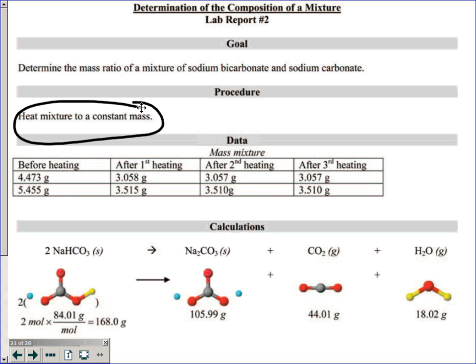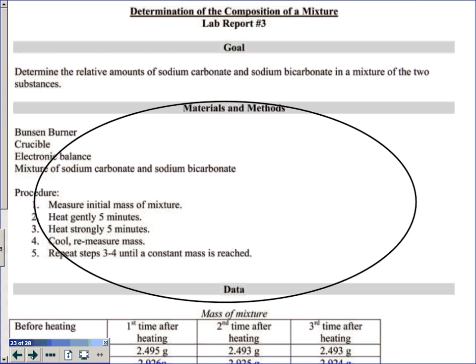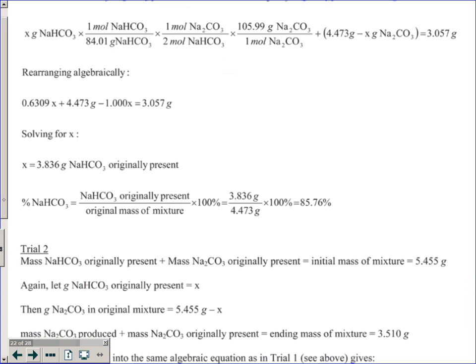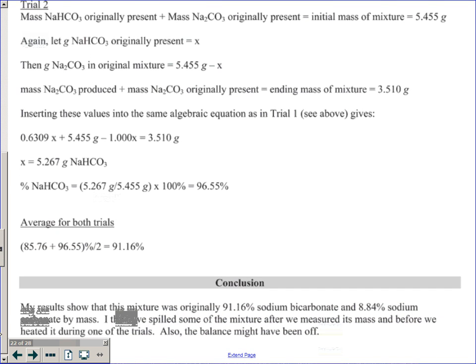All right, and then going down to the conclusion and the error analysis. Basically, in their error analysis, there wasn't really that much of one. They said, I think we spilled some of the mixture after we measured, and one of the scales may have been a little bit off, but they're not very specific at all.